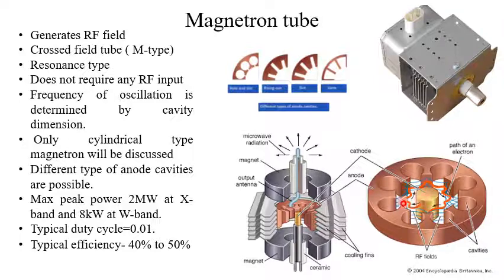Now the electric field is given with the help of these two leads. One will be connected to the cathode, another to the anode block. There must be some cooling fins to cool down the magnetron, and the magnetic field is given with the help of two permanent magnets like this one and that one. So this is the structure of the magnetron.